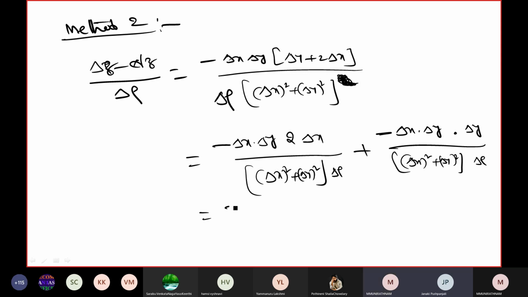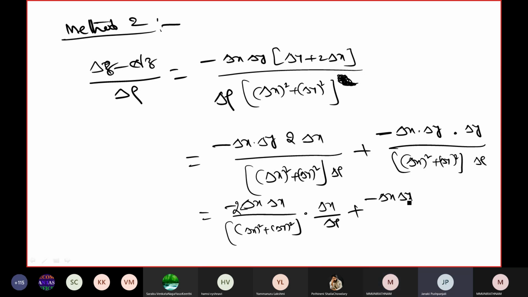So I need to take coefficient of delta x by delta rho. Similarly, delta y by delta rho, the coefficient is epsilon 2.